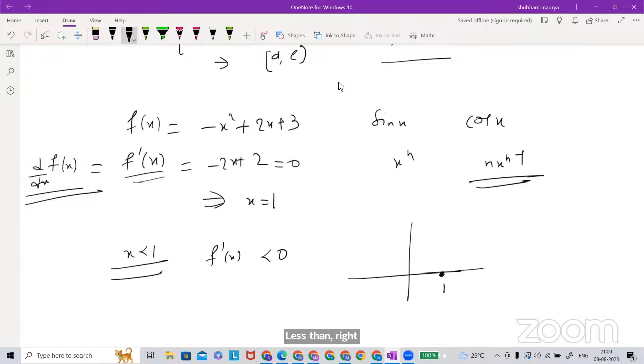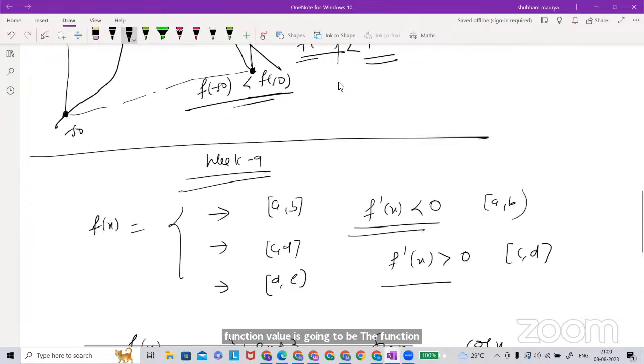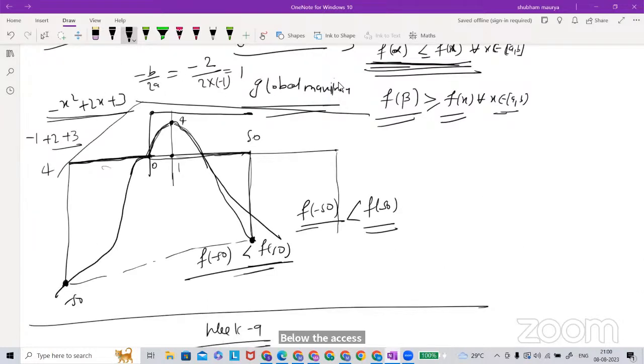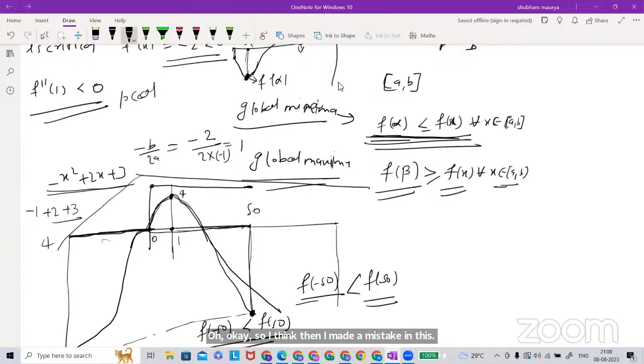Okay, so I think I made a mistake in this graph. Actually, when we put 0 for x, the value of y is 3. If you substitute that here, that means the y intersection.